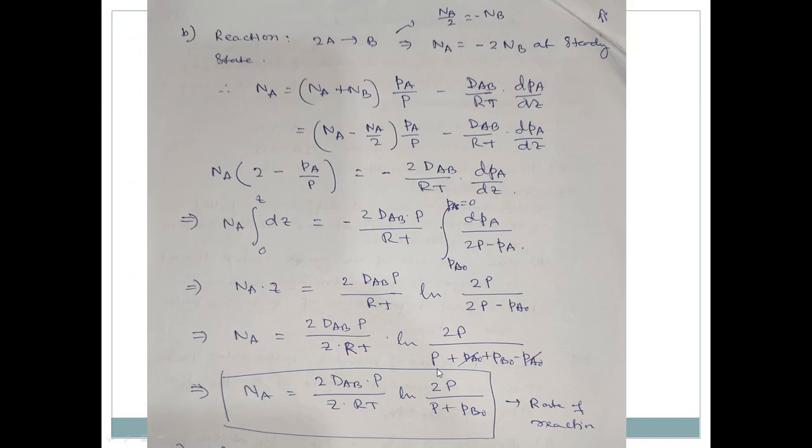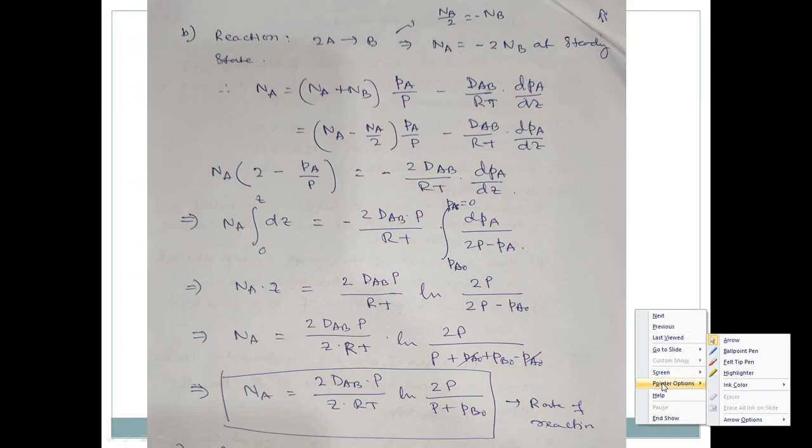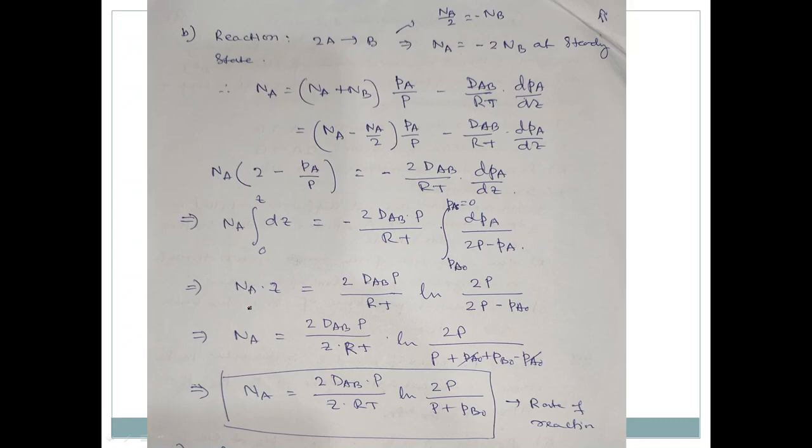Now one P is the other P equal to PA0 minus PB, so it will cancel out, so NA equals 2 DAB P, instead of D I should write delta. Okay, so this will be your expression, so this will be the flux.